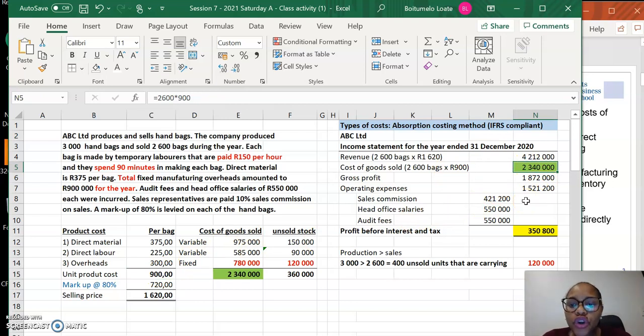Your gross profit will then be 1.8 million. Your operating expenses are the costs that have nothing to do with the factory and production of these handbags, such as sales commission, head office salaries, and audit fees that we got from the question.